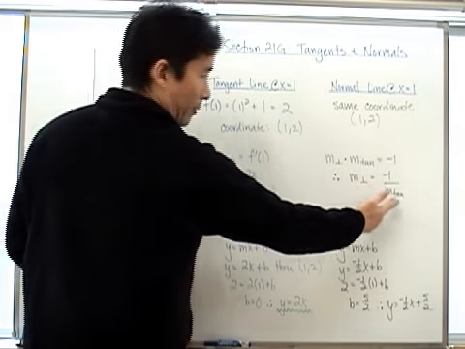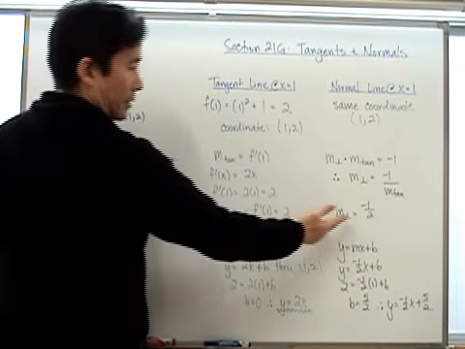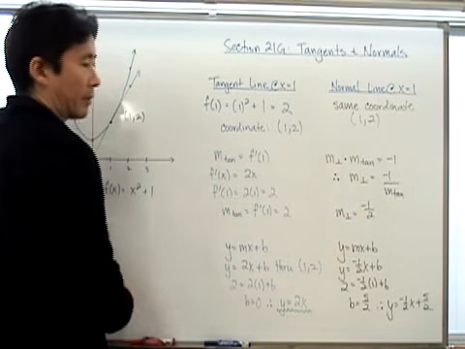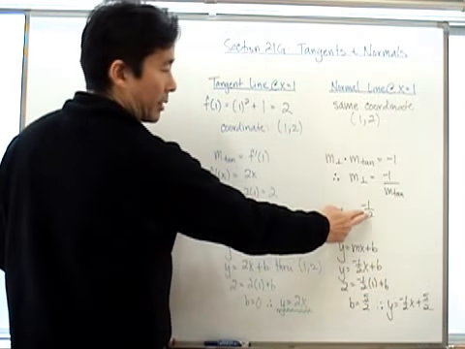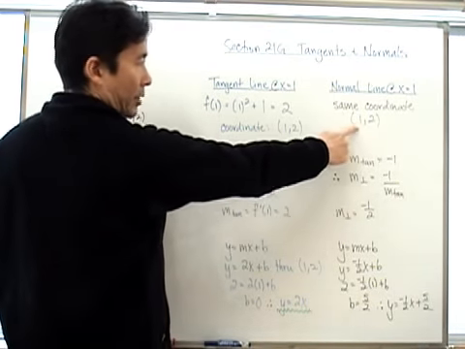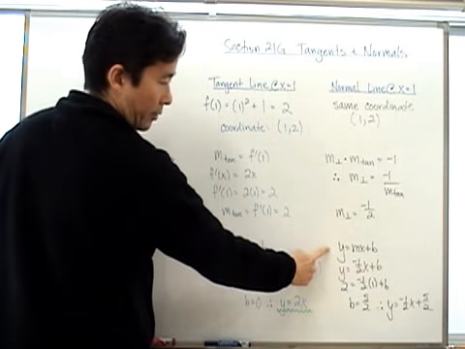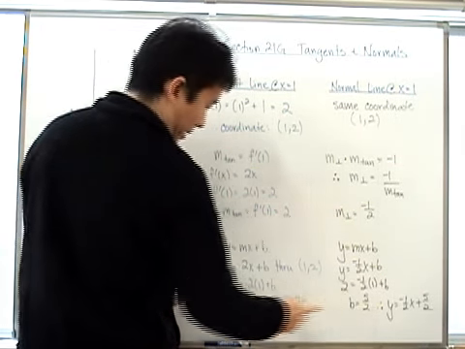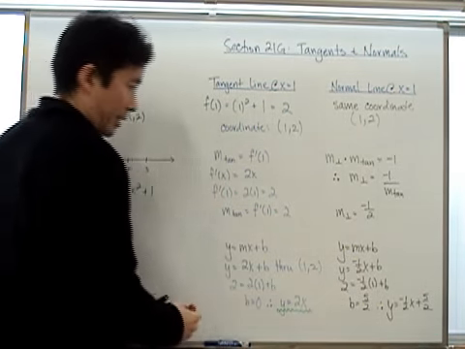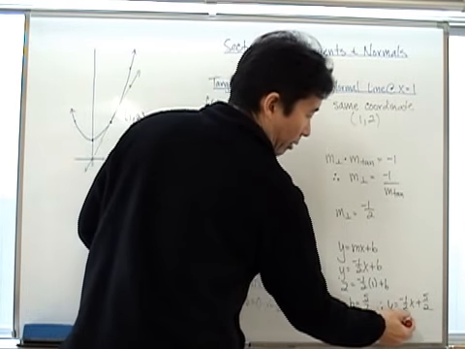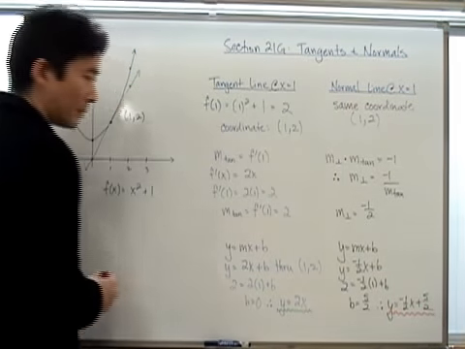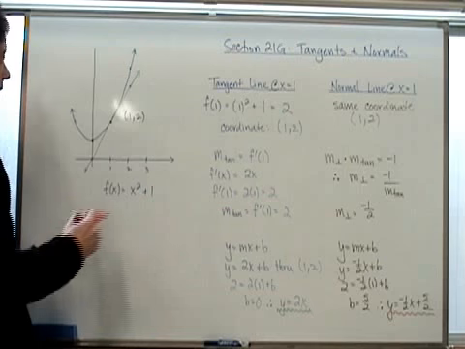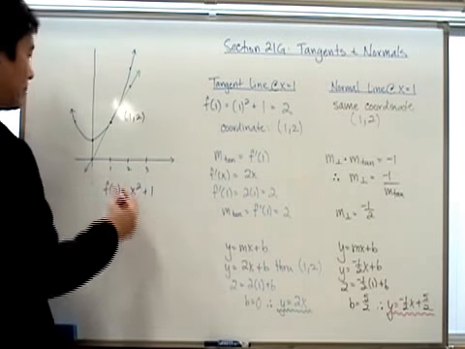Given that we know this, we can substitute the value 2 in there. So the slope of the normal is going to be -1/2, and it goes through that point. We can go through the same process to come out with the equation for our normal line. If we graph that, it has a y-intercept of 2.5.